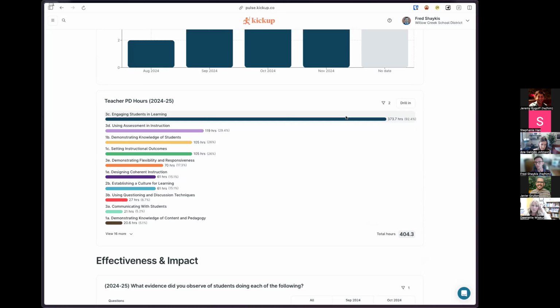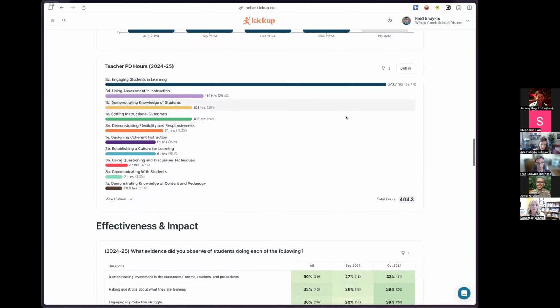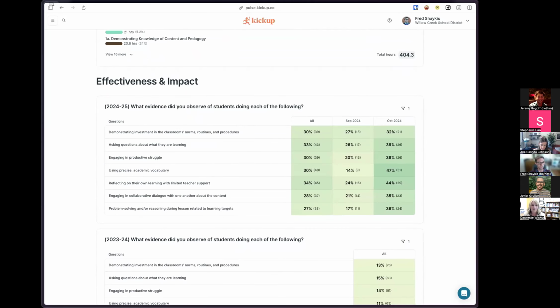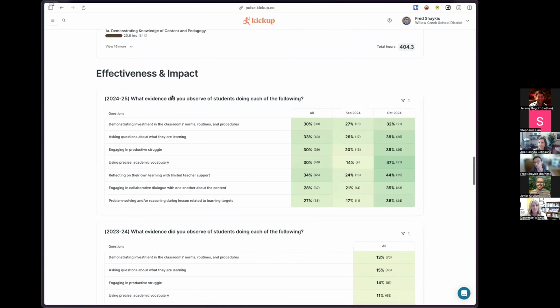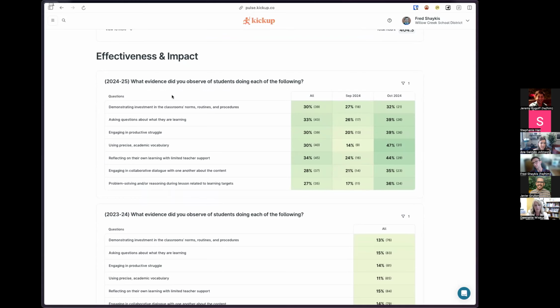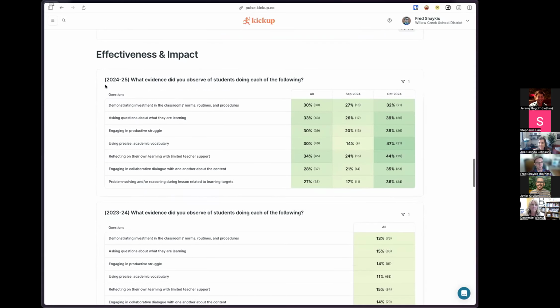And then lastly, moving into evaluating effectiveness and impact. That's really hard to do, and it involves assessing the link between professional learning and student outcomes. So just to quickly wrap up this example, the team revisited that classroom observation data that we looked at the very top of the demo.